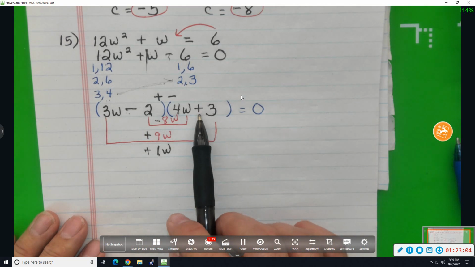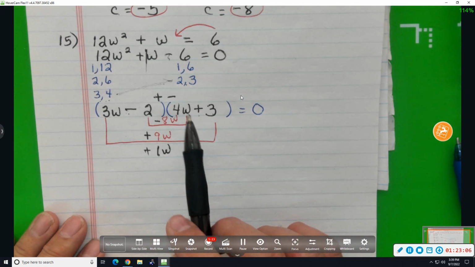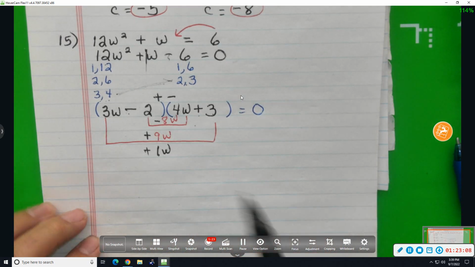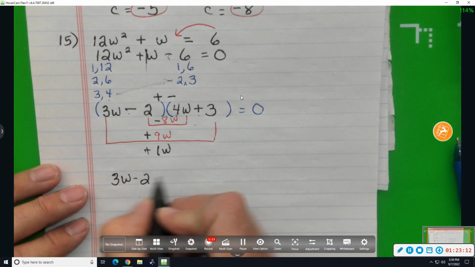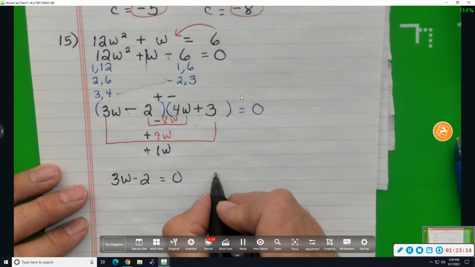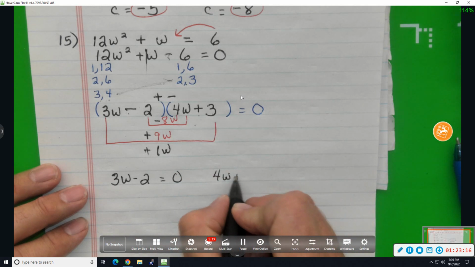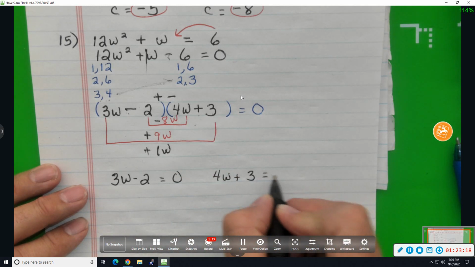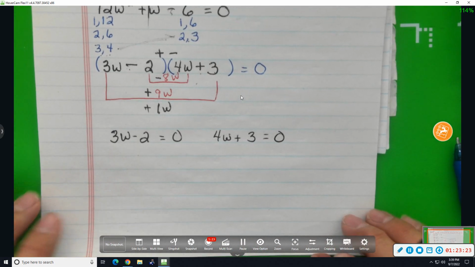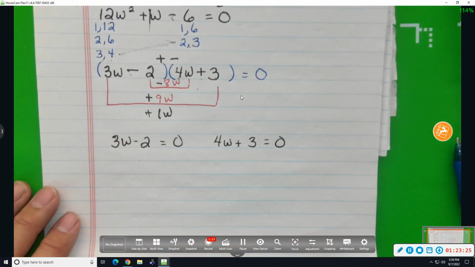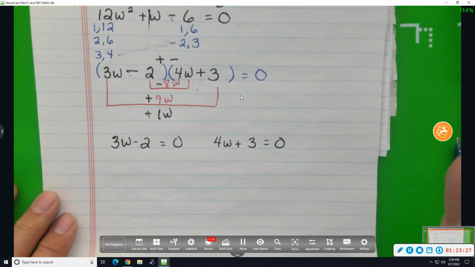Now, set each factor to 0. So we have 3W minus 2 equals 0, and 4W plus 3 equals 0. If it had said factor completely, we'd type in the 2 sets of parentheses and stop. But it isn't.